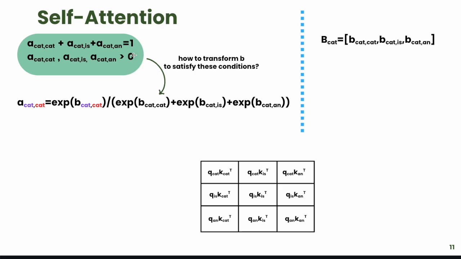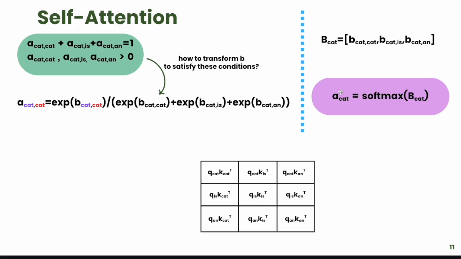Let me summarize things and make them a little bit cleaner and reconcile them with the publications we have. Let's say we collect these inner products in a vector b. So b cat contains all the inner products corresponding to the word cat: b cat cat, b cat is, and b cat am. Then we apply the softmax function to b cat. Softmax is nothing but this operation, so both these expressions are equivalent.